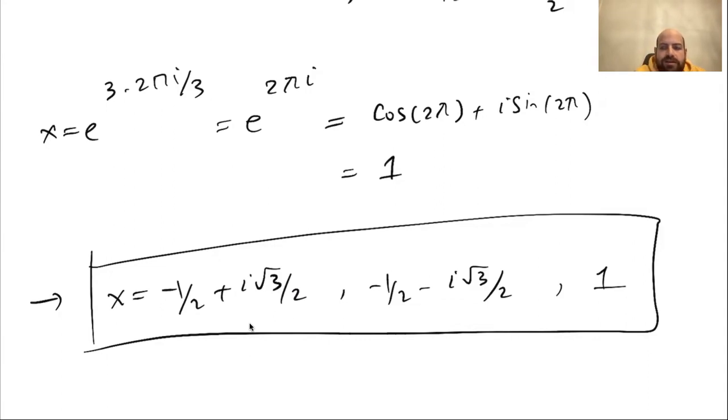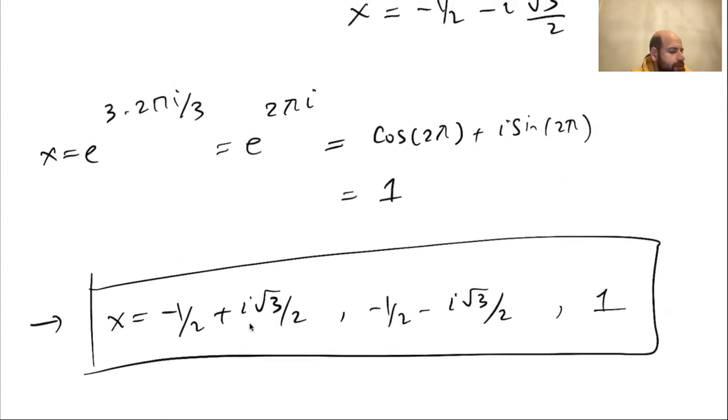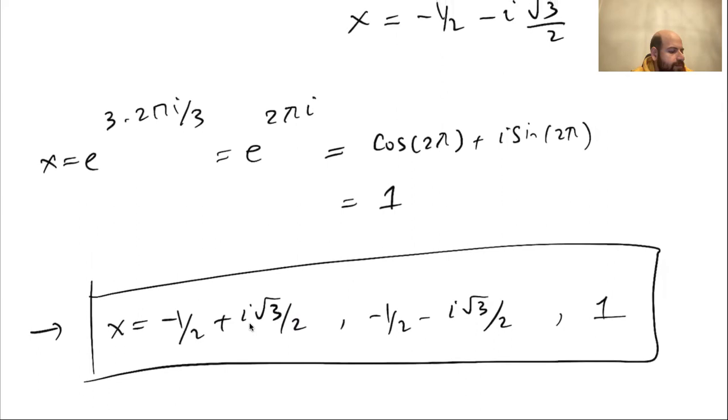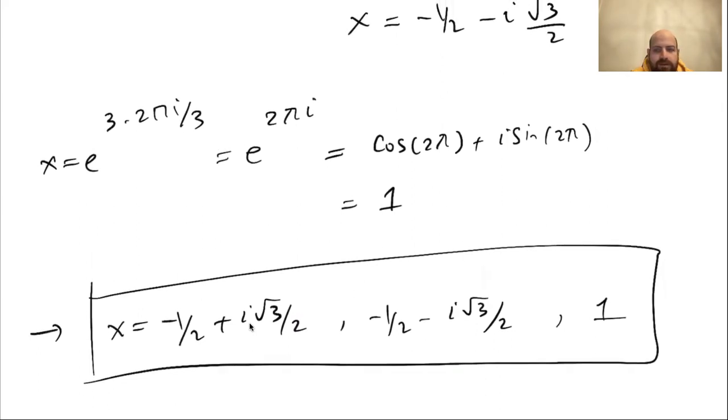And do the calculation, you will see that x to power 3, if x is -1/2 plus I√3/2, will be 1. Similarly, you can check that if x is -1/2 minus I√3/2, again, x to power 3 will be 1. And for 1 itself, it's obvious that 1 to power 3 is 1.